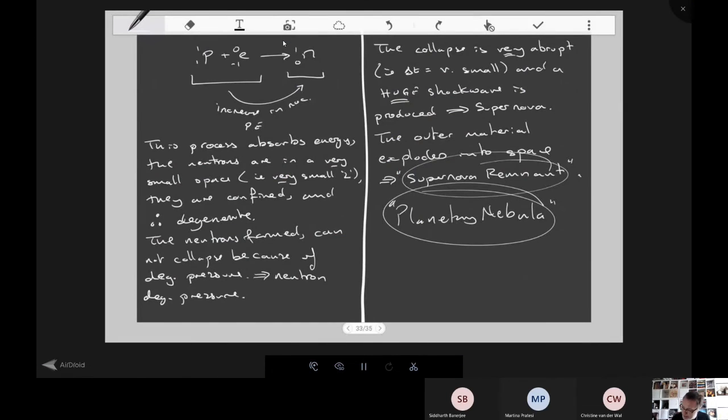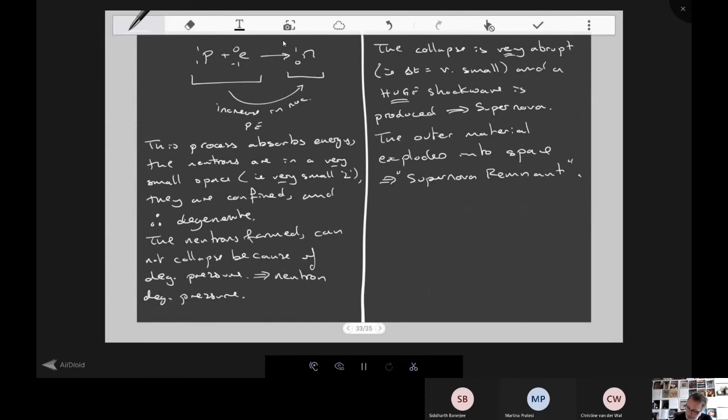Okay, back to this, and let me get rid of that. So again, if you want to see some more, then have a look at those. Now, in the supernova, in the explosion that occurs, that is the supernova, there is a huge amount of energy.